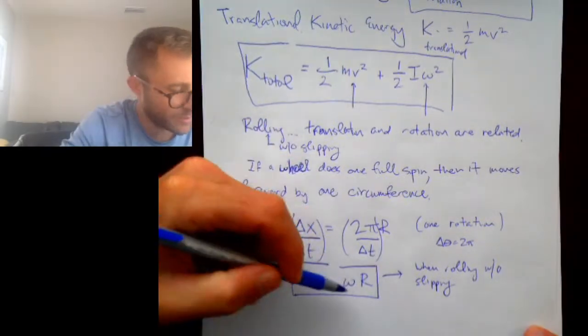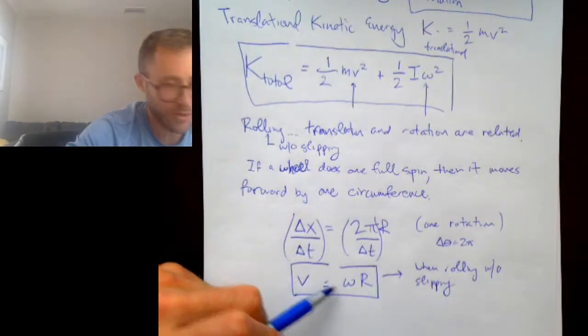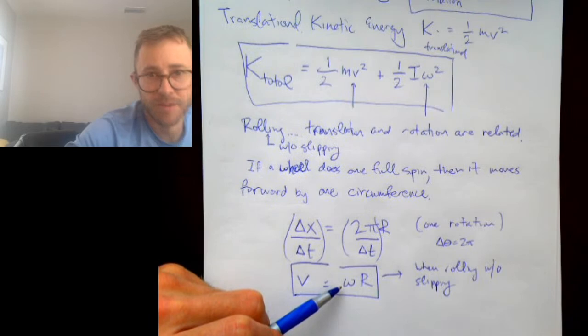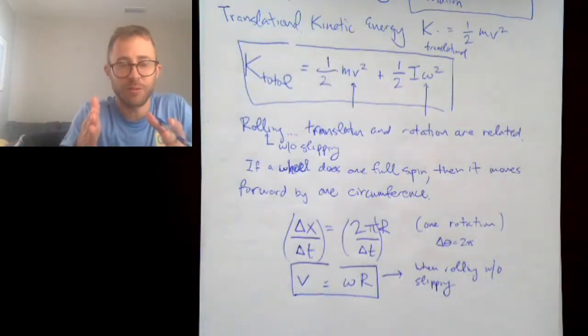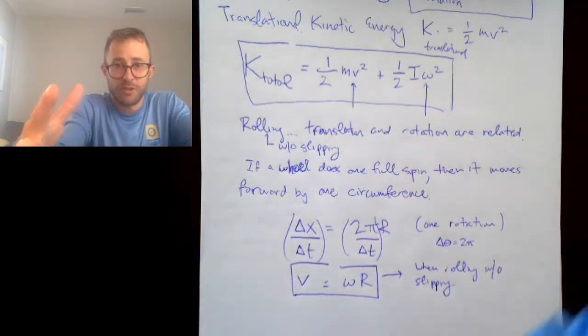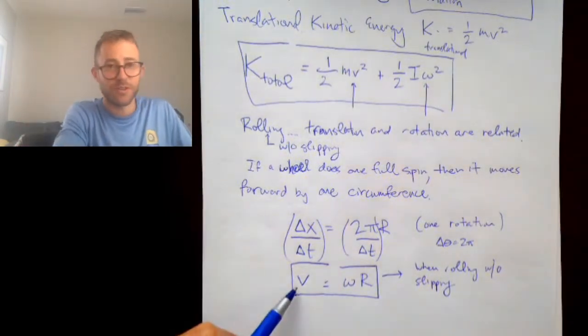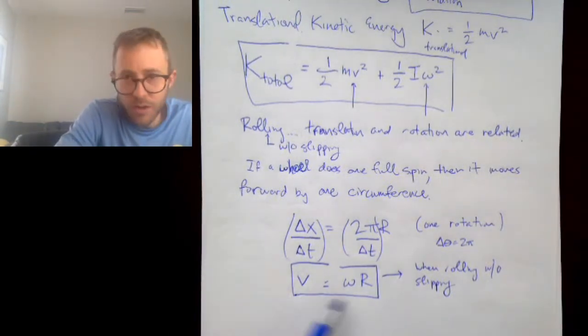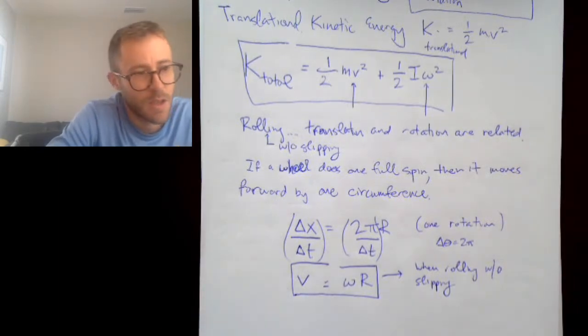If you are skidding to a stop, then the wheels are no longer spinning, because you've clamped the brakes down on the wheels so that they're no longer rotating, but the car is still translating forward. So you have that the left side is greater than the right side when you are skidding. Okay, so the only time you have equality is when you are rolling without slipping.